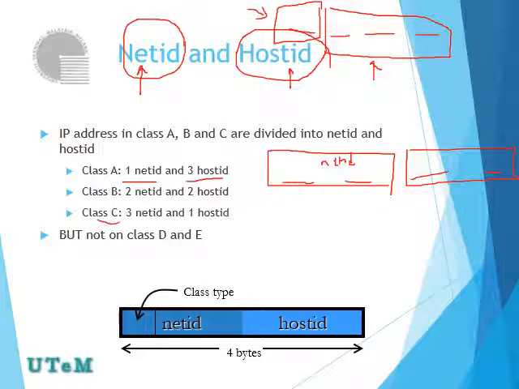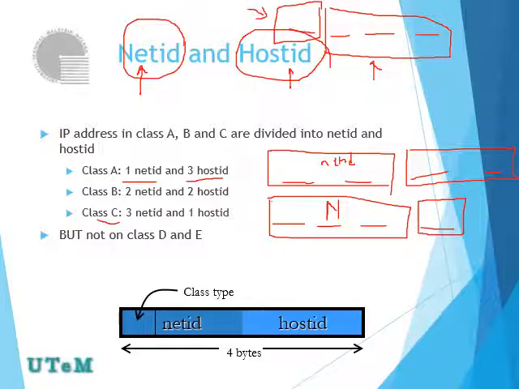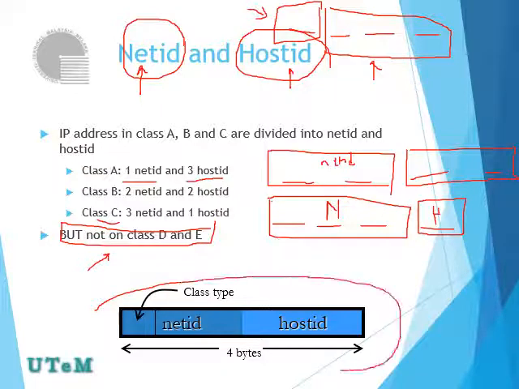Class C, the first 3 octets are assigned as the netid and the last octet is assigned to the host. But not class D and class E, because these are special classes used for other purposes, like multicast and research. So this is the proper way we identify the net and host ID.